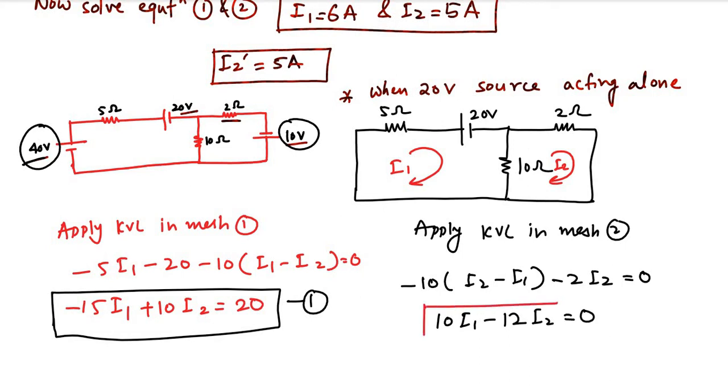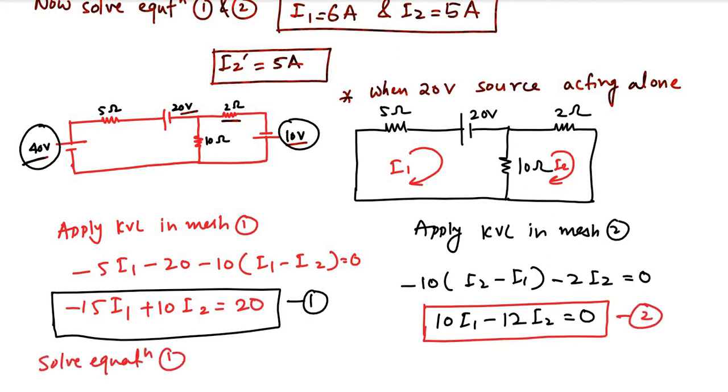So it is our second equation in this circuit. Solve equations 1 and 2 in a calculator. You will get I1 equal to minus 3 ampere and I2 equal to minus 2.5 ampere.